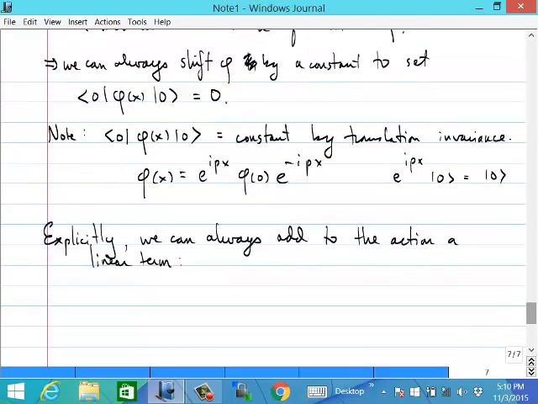So say there's our action, here I've integrated it by parts, so maybe I'll write it in the more traditional way.